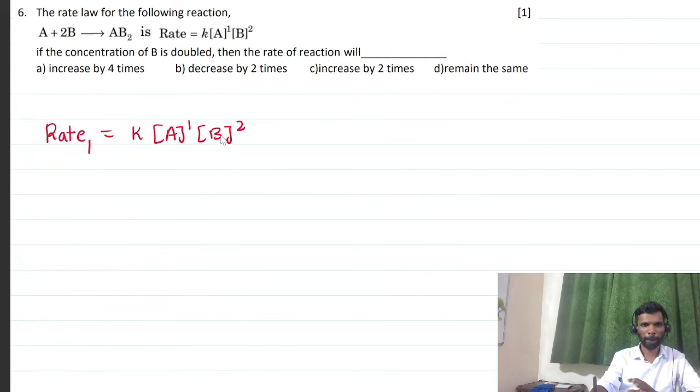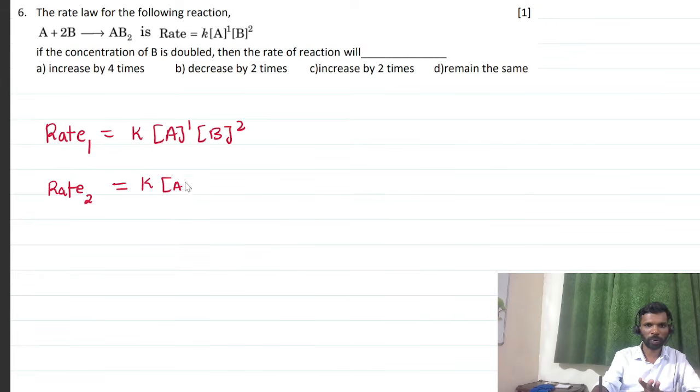This is what is given. Now if the concentration of B is doubled, what will happen to the rate? We'll write the new rate, that is rate 2. Obviously the rate will change and be different from rate 1. Why? I am changing the concentration of B, we have doubled that concentration. Earlier it was B, now I made it 2B.